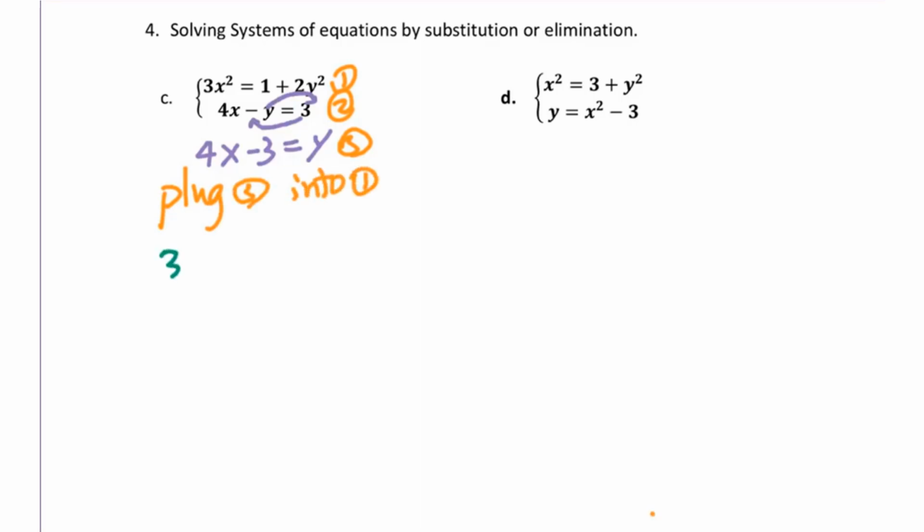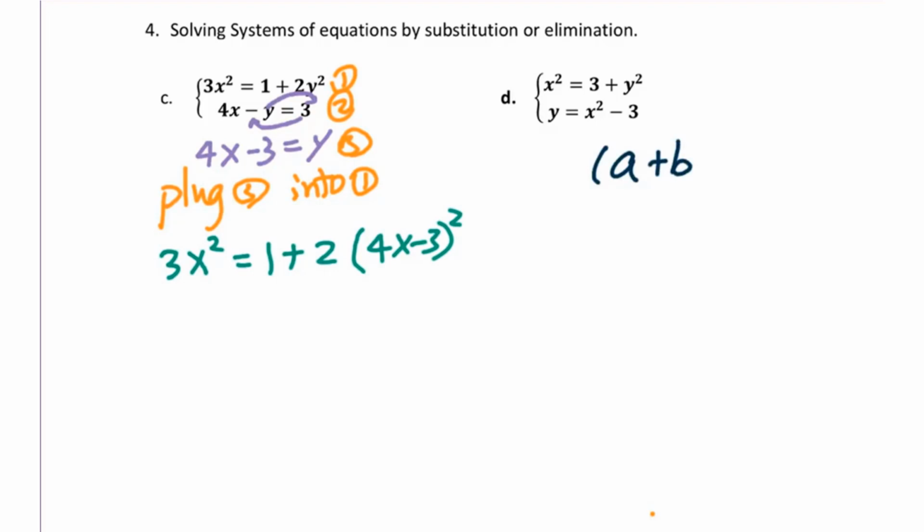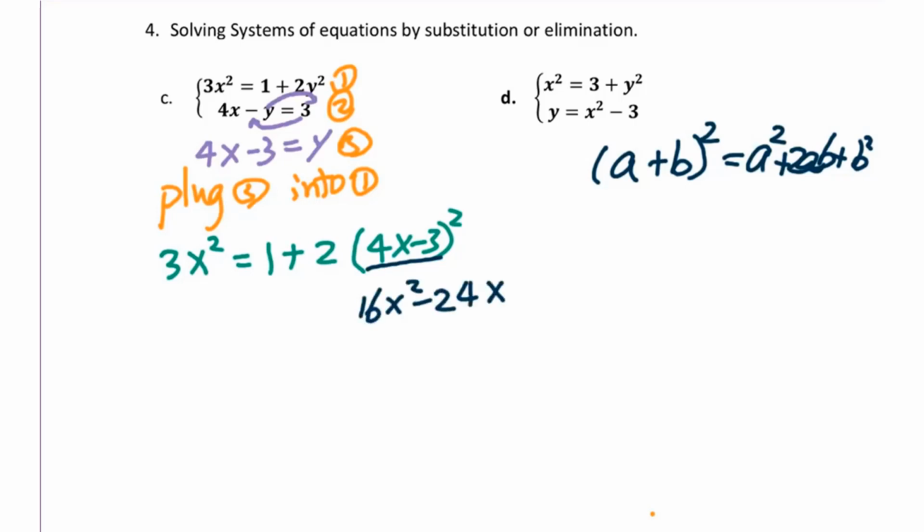You will get 3x squared equals 1 plus 2, parentheses 4x minus 3 squared. You still need to use (a plus b) squared equals a squared plus 2ab plus b squared. Therefore, for 4x minus 3 squared, you got 16x squared minus 24x. 2ab, that's negative 24x plus 9.